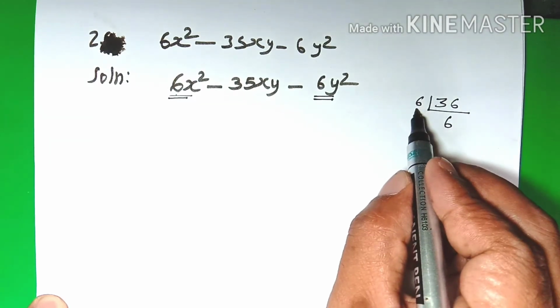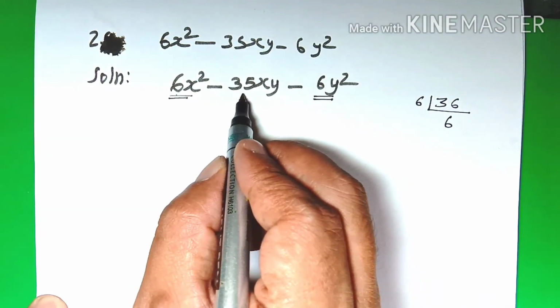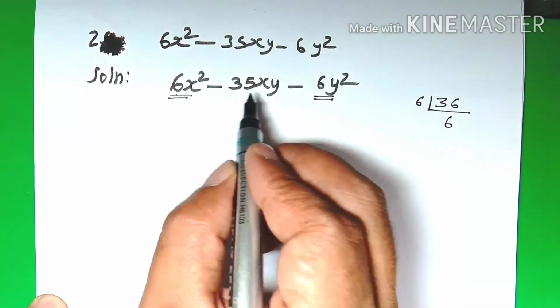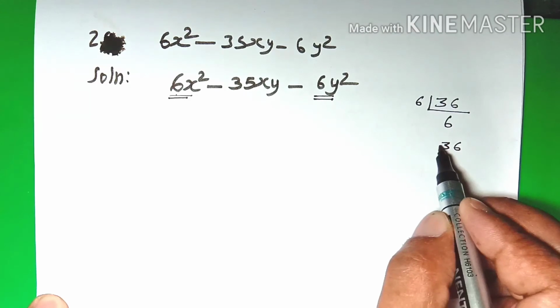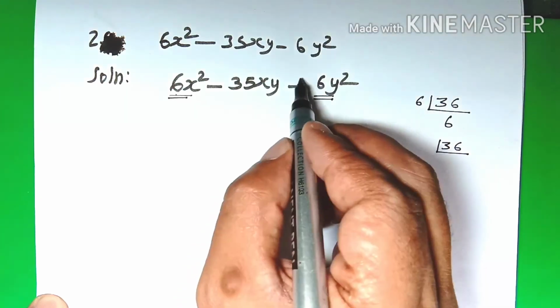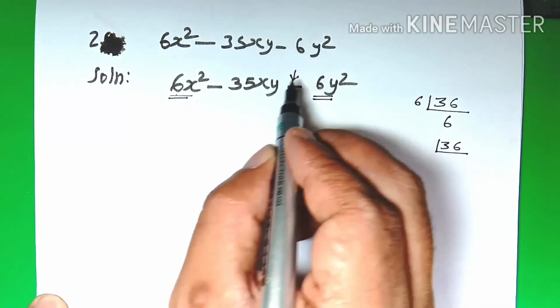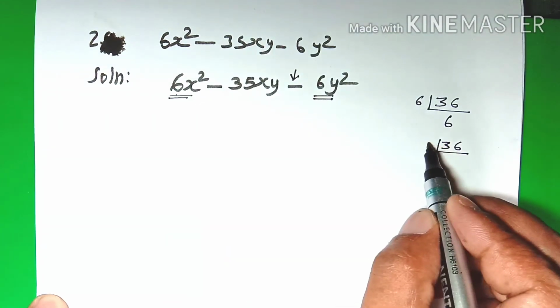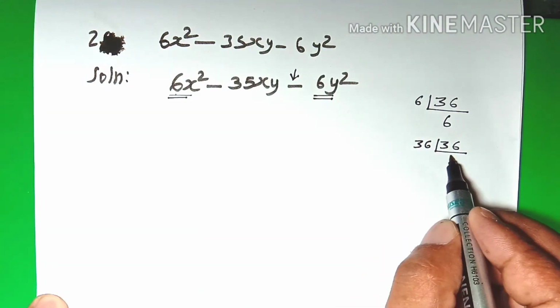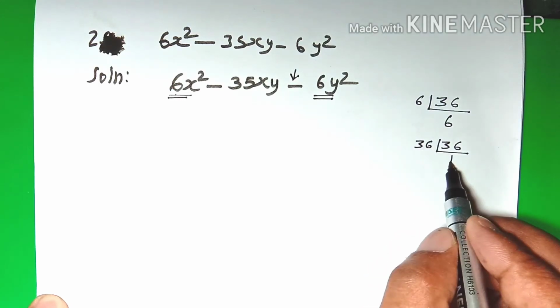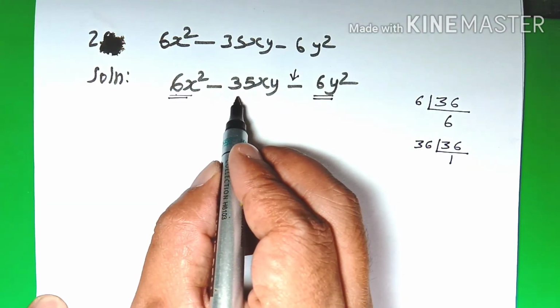Now the difference should be equal to 35. 6 minus 6 is not equal to 35. Then again you can take a trial here. 36. Here by using a minus sign you'll have to get 35. Now 36 is divisible by the number itself. 36 into 1. 36 minus 1 equals to, yes, 35.